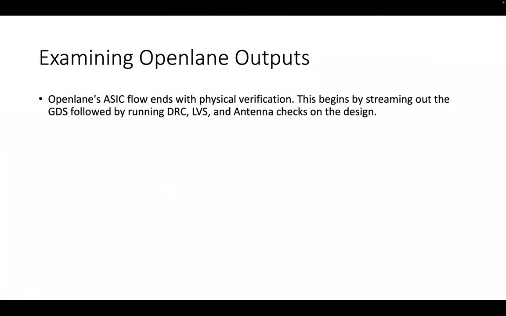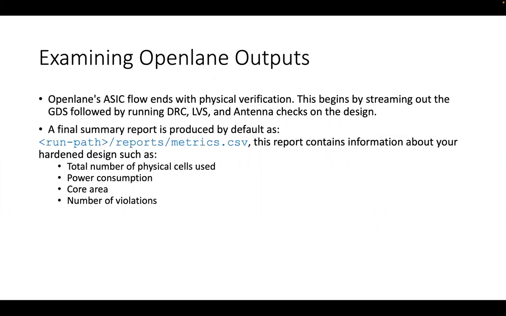OpenLane ASIC flow ends with physical verification. This means that it begins by streaming out the GDS file, followed by running design rule check, layout versus schematic, and antenna checks if the antenna checks are enabled on the design. So it produces at the end automatically two very important reports.